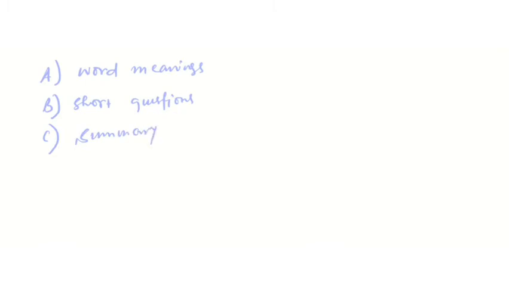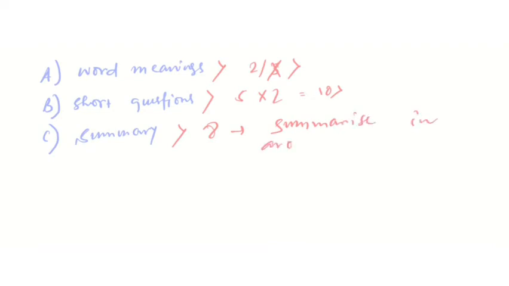You will get two or three word meanings, and you have to give the exact meaning. You will get 5 questions, 5 into 2 equals 10 marks, and the summary is 8 marks, so the total should be 20. For the 8 marks summary, you have to summarize the passage in around 50 words.